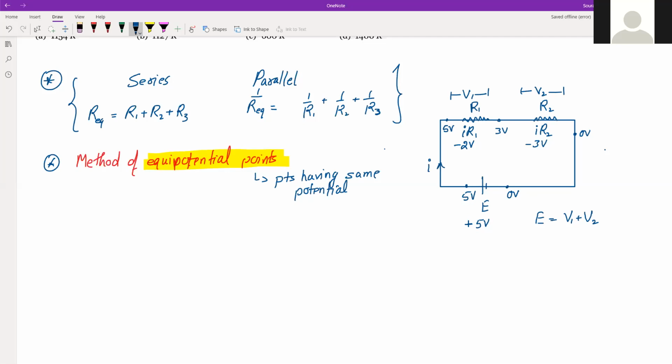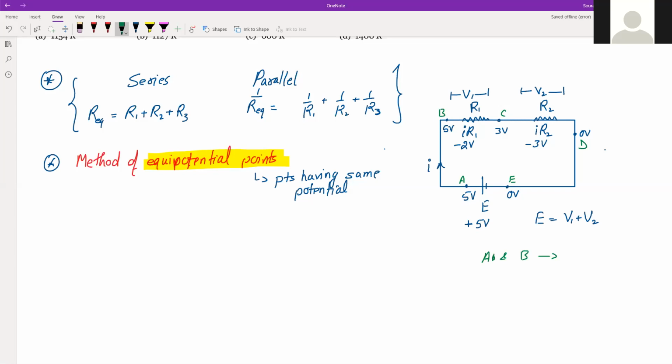So for example, here in this figure, suppose I say this point is A, this is B, C, D, and suppose this is E. So A and B have the same potential. If there is no resistor between 2 points, that means there won't be any potential drop, so the points will be called equipotential points.